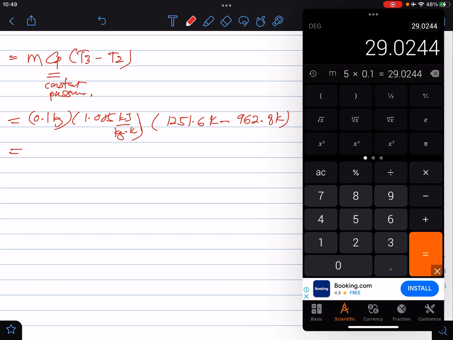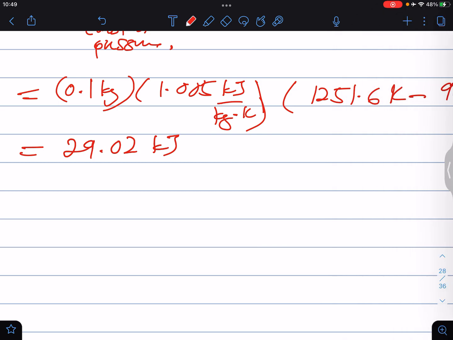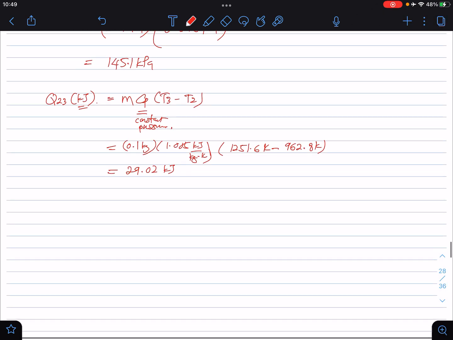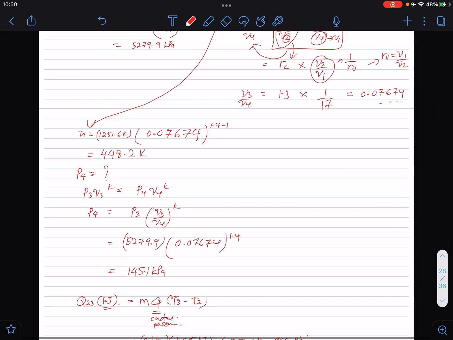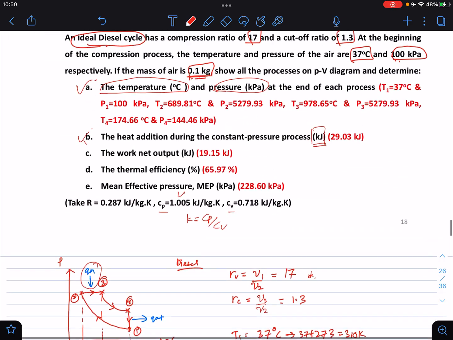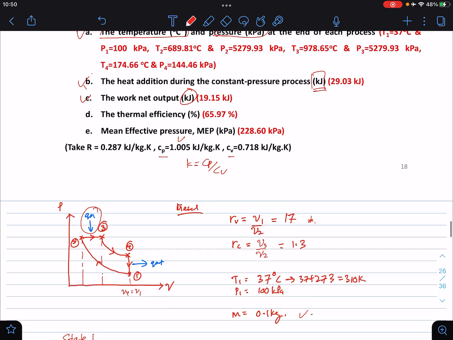Got here 29.02 kilojoule. Okay, and then the next question, the work net output. Okay, so the work net output, the unit in kilojoule.